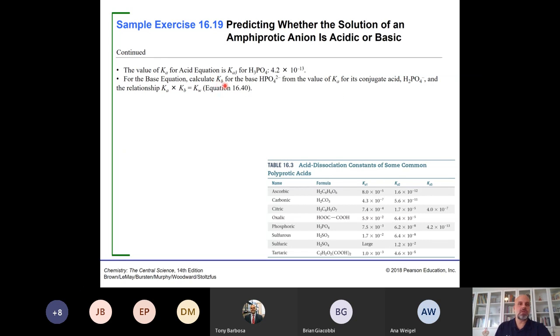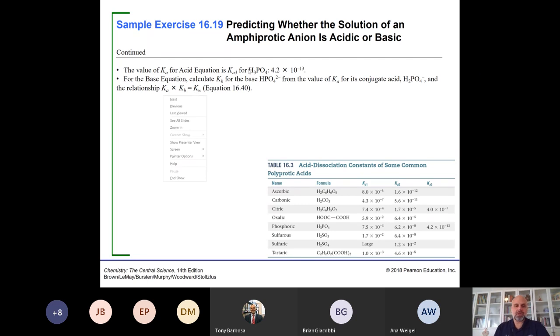In order to figure out the basicity, the base dissociation constant for HPO4 2 minus, we only have its Ka for that step, and we know this is the Ka for its conjugate acid. So we need to look at its conjugate acid, the H2PO4 minus, and then calculate Ka times Kb equals the Kw.